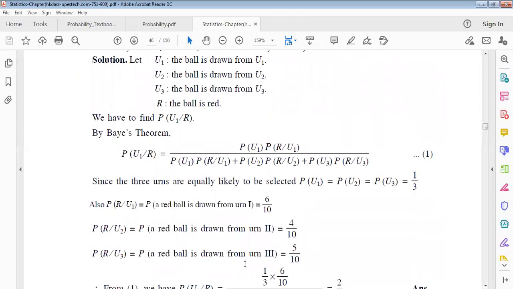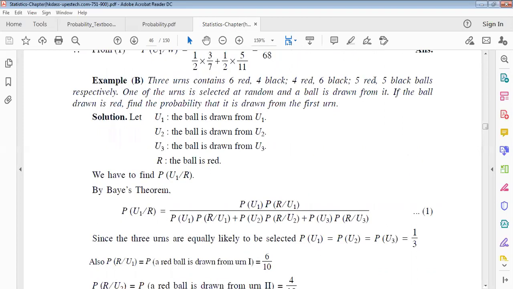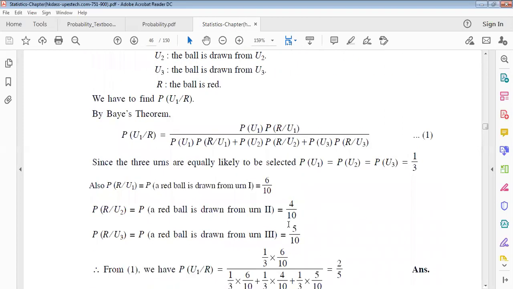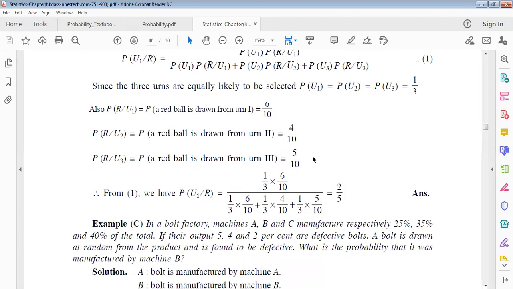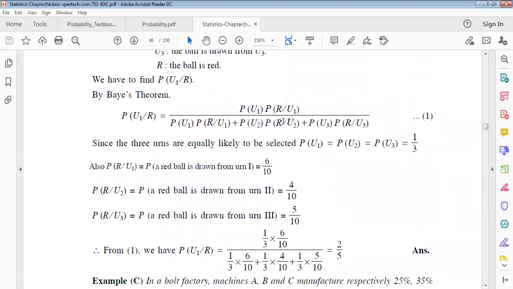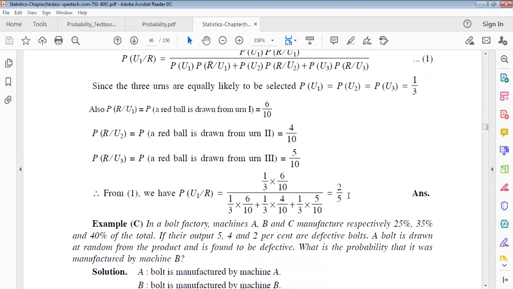And if the red ball is drawn from the third urn, there are only 5 red balls, but 10 total balls, so 5 by 10. Now putting all the values in the Bayes formula, we get equation 1, and we get the required answer 2 by 5. That means this is the probability that a red ball is drawn from the first urn: the probability of being drawn from the first urn when the ball is red equals 2 by 5.